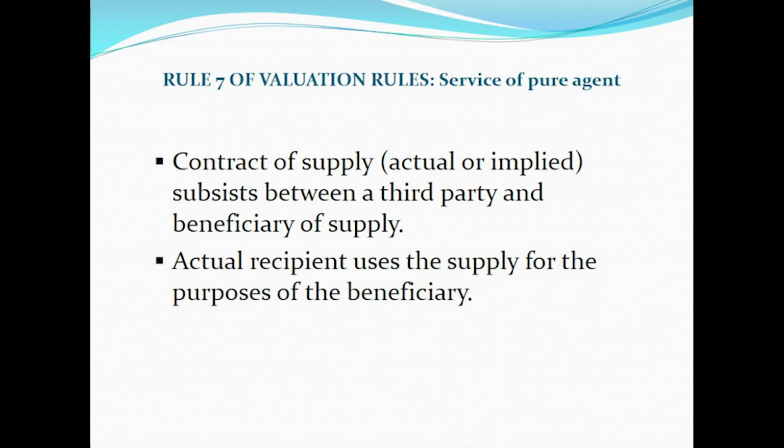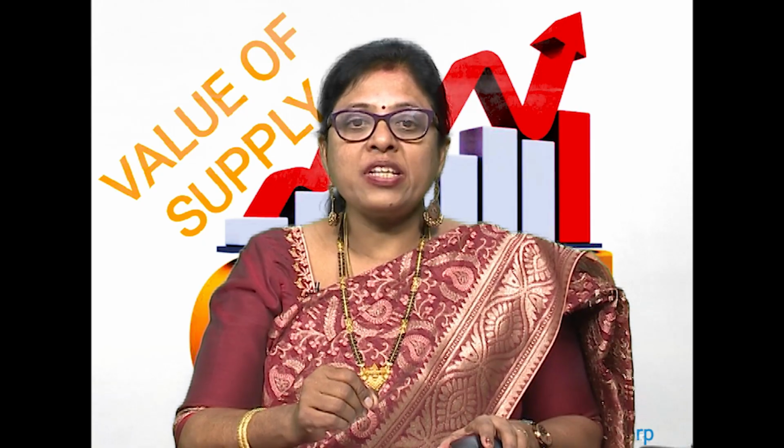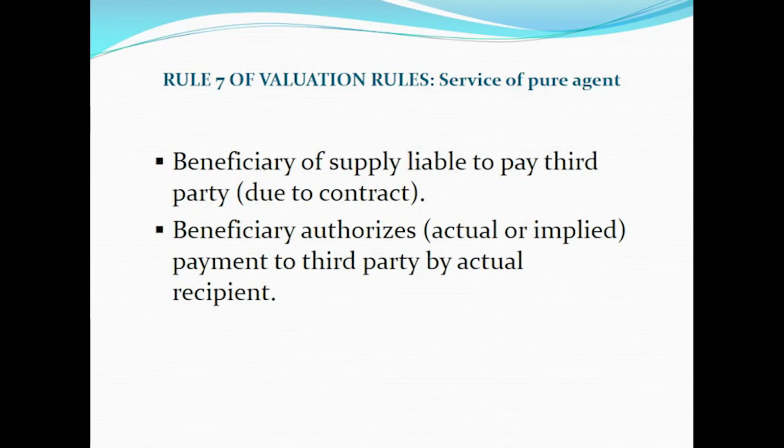Now, what are the two tests which have to be satisfied? There must be a contract which exists between the third party and the beneficiary of supply. And the second important condition or test is the actual recipient should use the supply for the purposes of the beneficiary.